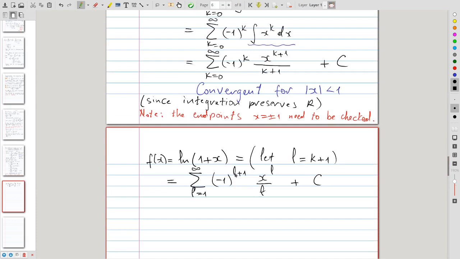So we wrote here L plus 1, even though we have k in the original power series, right?